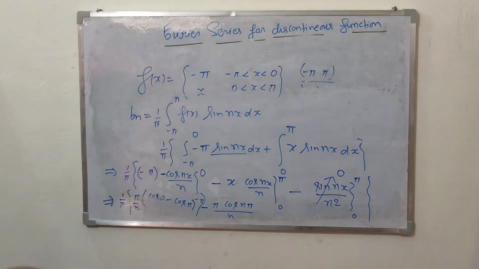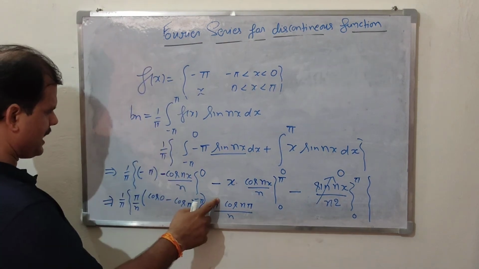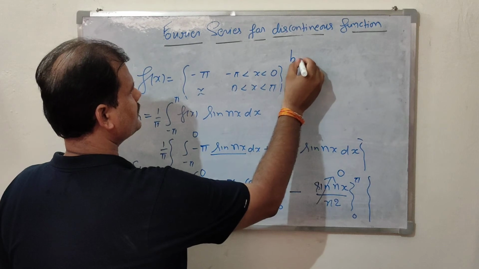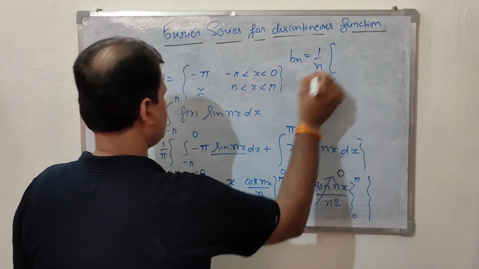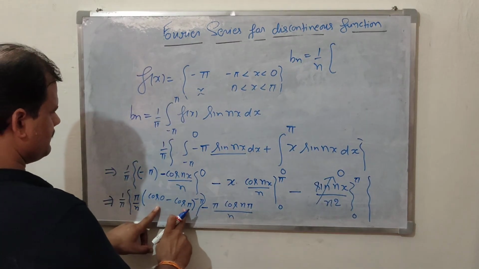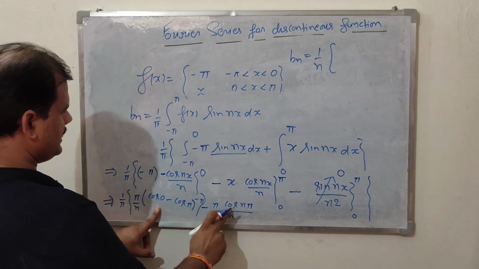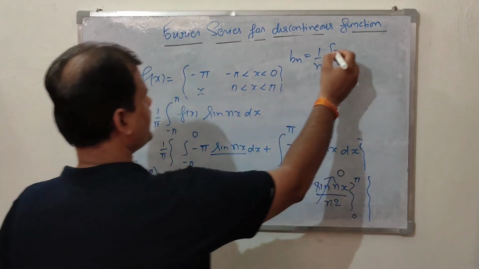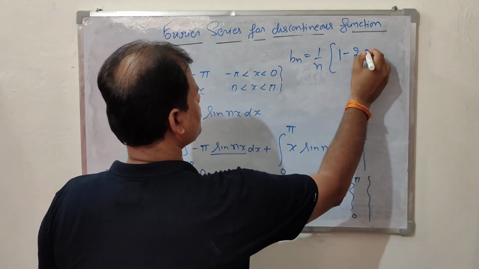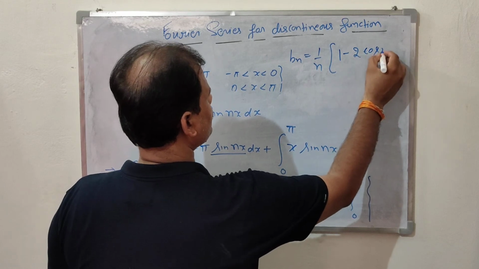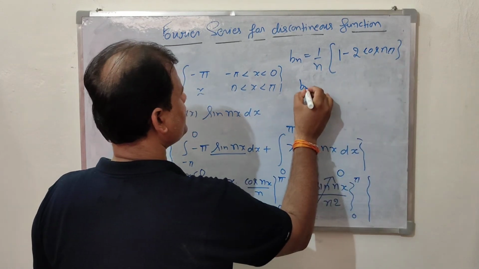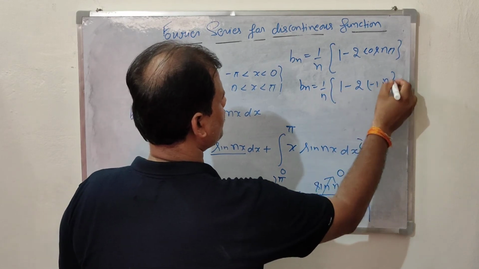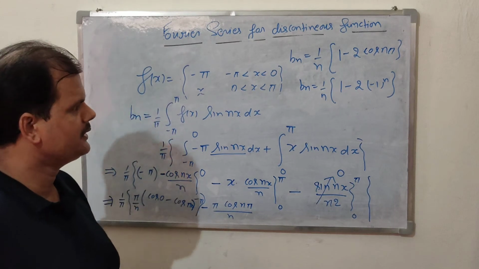Okay, pi cancels, we get 1 by n. So your bn equal to, we get 1 by n, and here you get 1 minus power n, and this is also here n pi, minus power n. So we get 1 minus 2 into cos n pi. So your bn equal to 1 by n, 1 minus 2 minus 1 power n. So we got the bn.